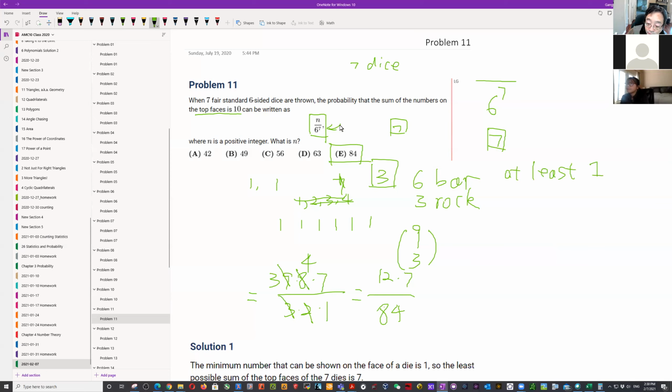At least 1. And then the problem is how to distribute the extra 3 points so that they will add up to 10.